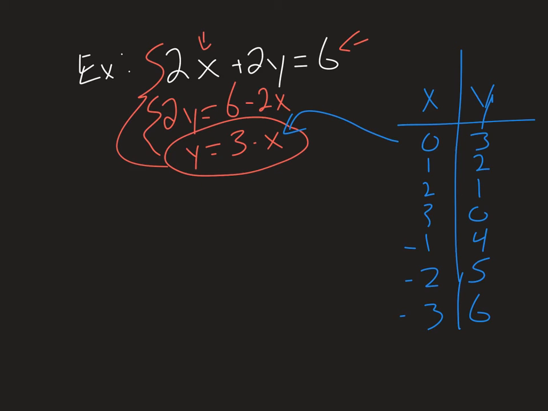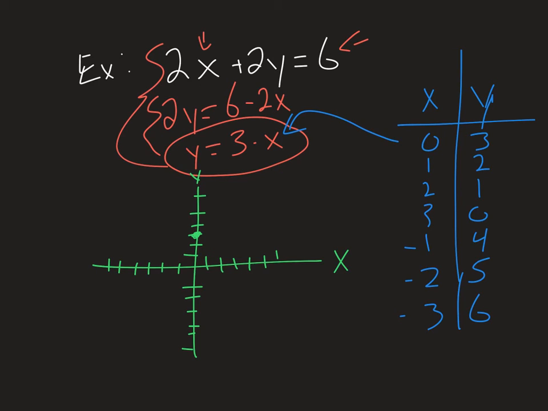So then again, we make our coordinate grid. X going across, Y going up and down. Okay, so we have the point 0, 3 very first. That means I don't go anywhere on the X, or across, I go straight up to 3. There we are.